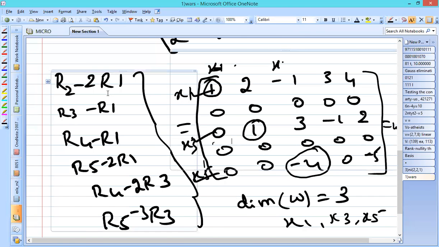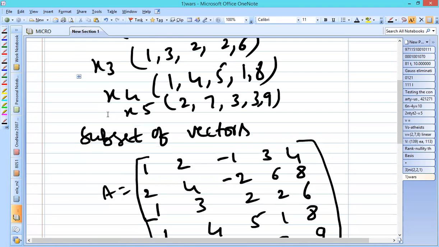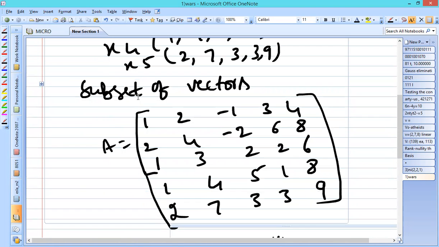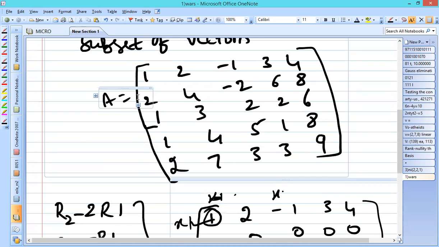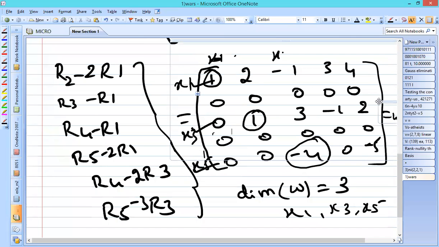I'll just repeat this. W is given as a subspace in R5 with the elements x1, x2, x3, x4, x5. Using these elements, we have to obtain the basis. First write the given elements in matrix form and apply the row echelon method to get the reduced matrix.